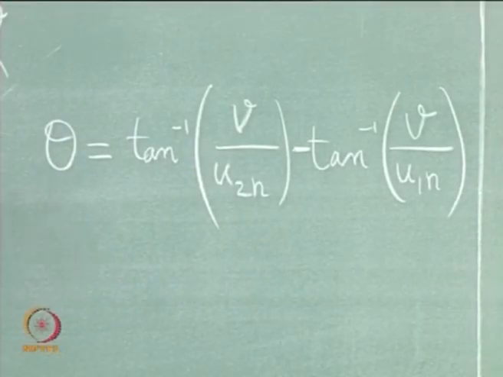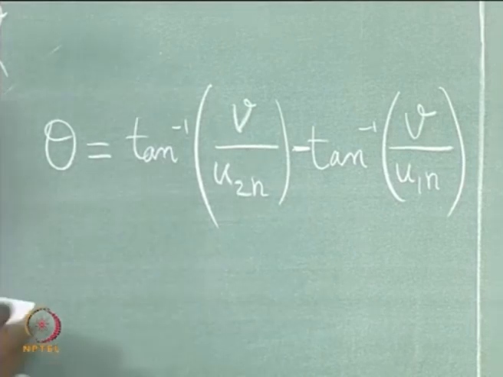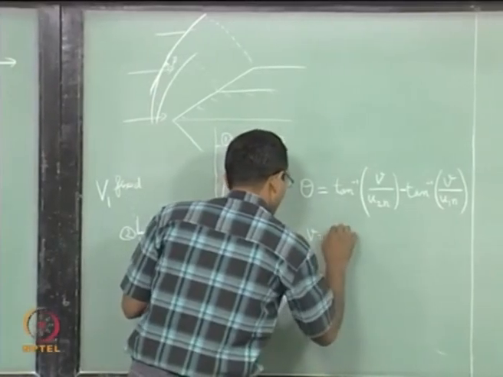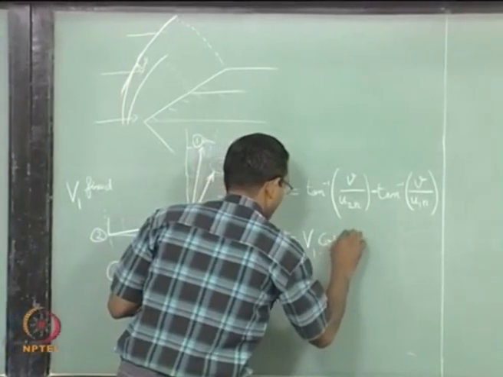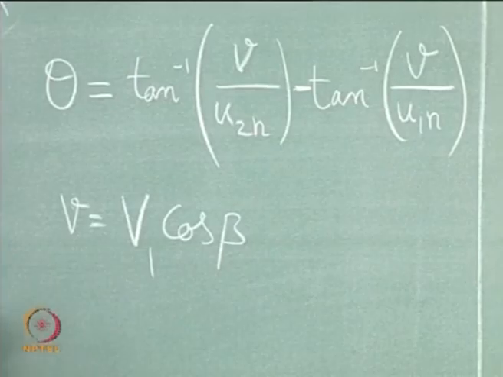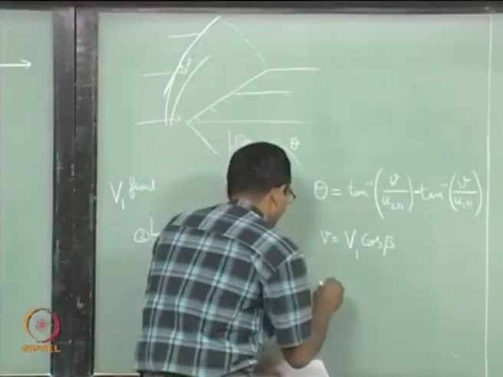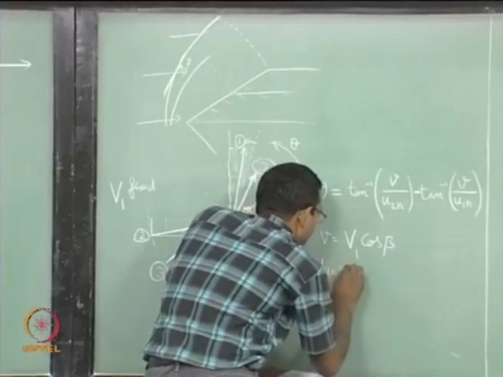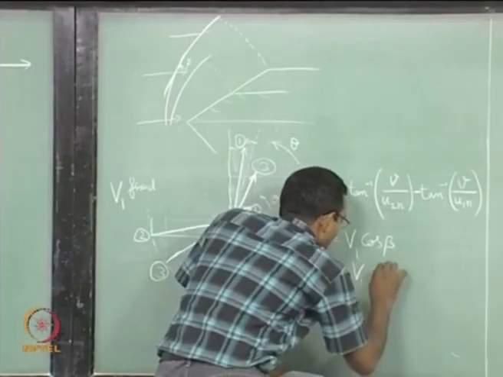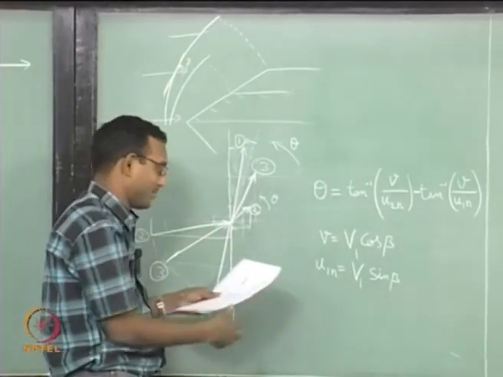Of course, we know that V is the same, but V depends on beta. How does V depend on beta? V is equal to V1 cos beta. We can of course find it out, it is not that difficult, we wrote it for the Mach number before. Now, I will write u1 normal is V1 sin beta. This is how you got M1 normal equal to M1 sin beta from here.